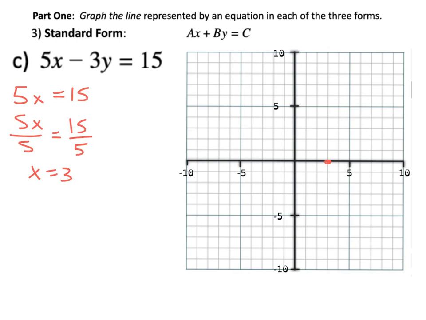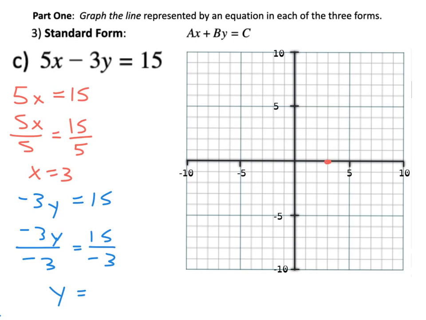Then we take the y term, negative 3y, and set it equal to the constant. We have to solve for this one too. Negative 3y divided by negative 3 equals 15 divided by negative 3, or y equals negative 5.